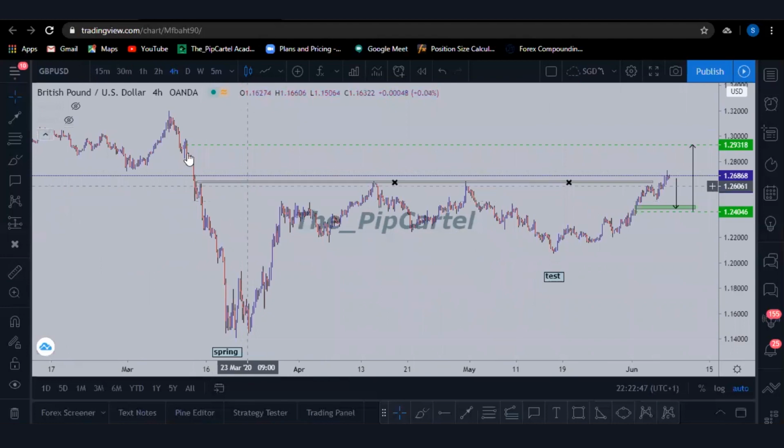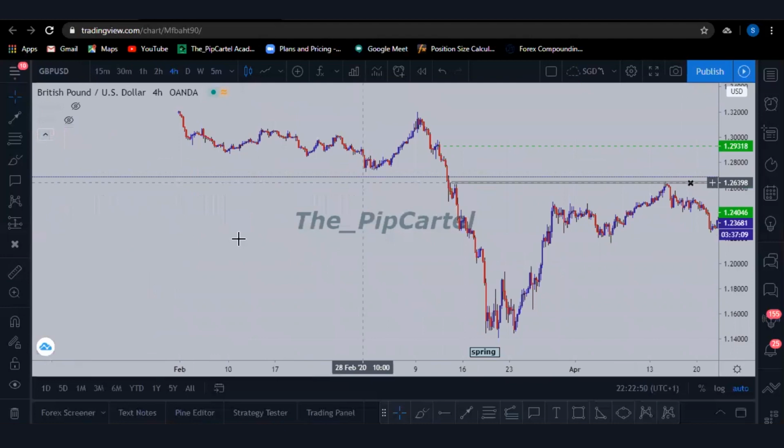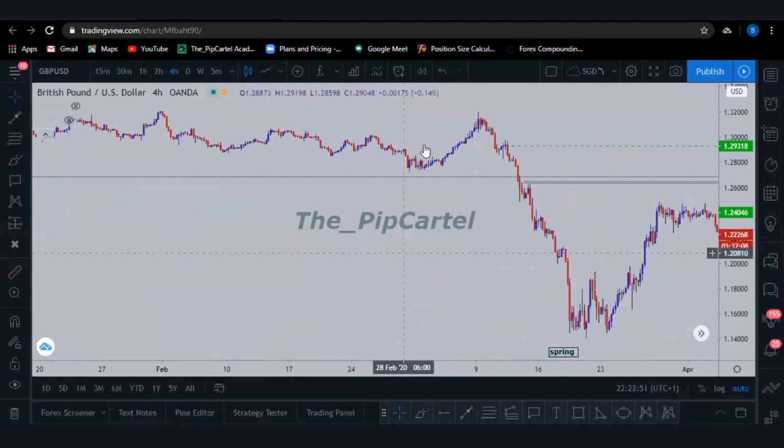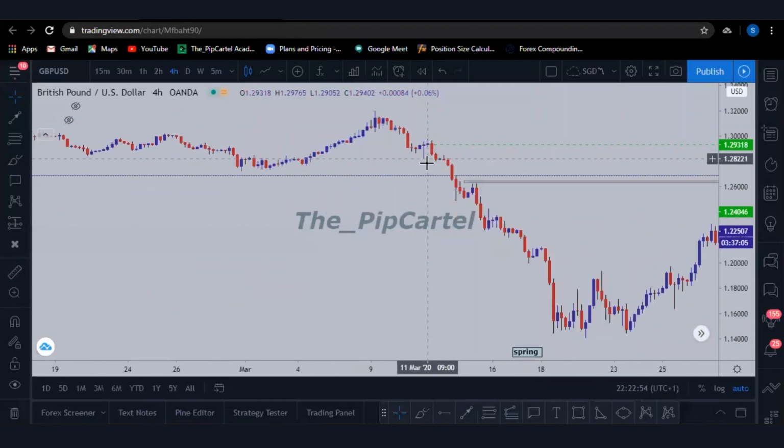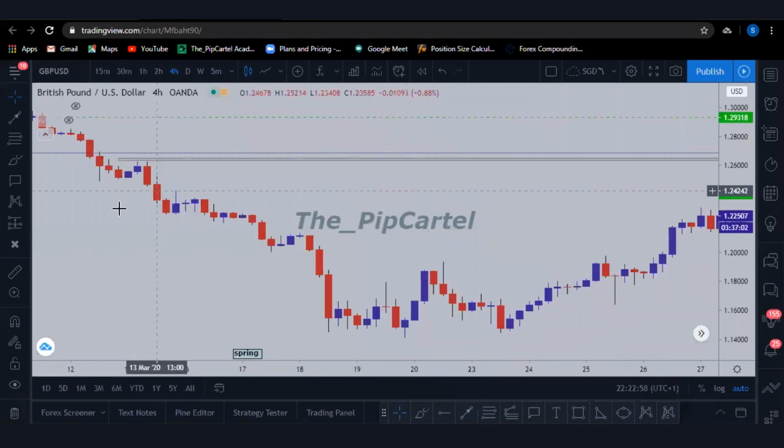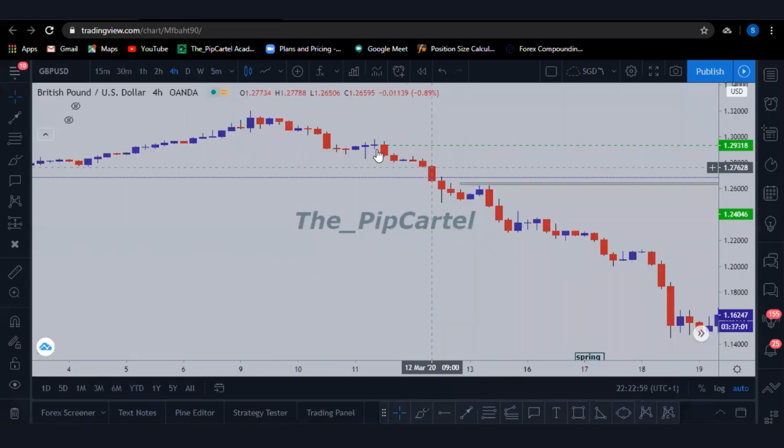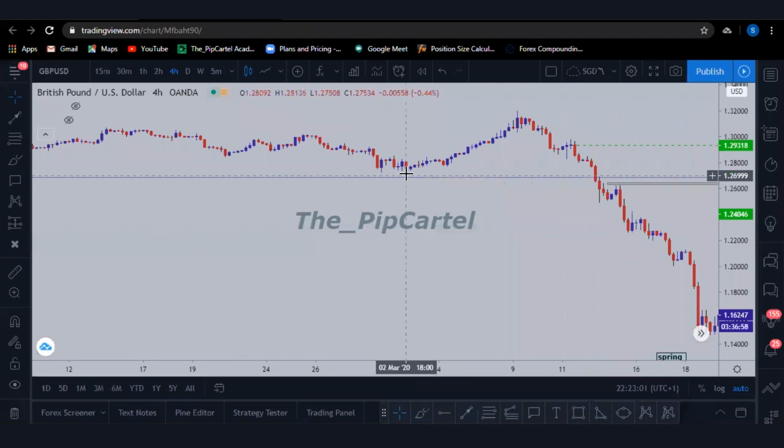Okay, so I have this beautiful candle just up here, just the last bullish candle before the bearish move. Okay, so this is actually a candle here, but this one is much more deep though, right?